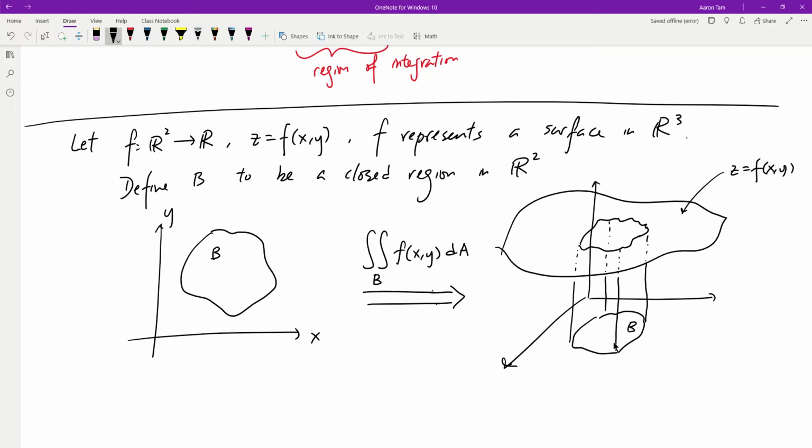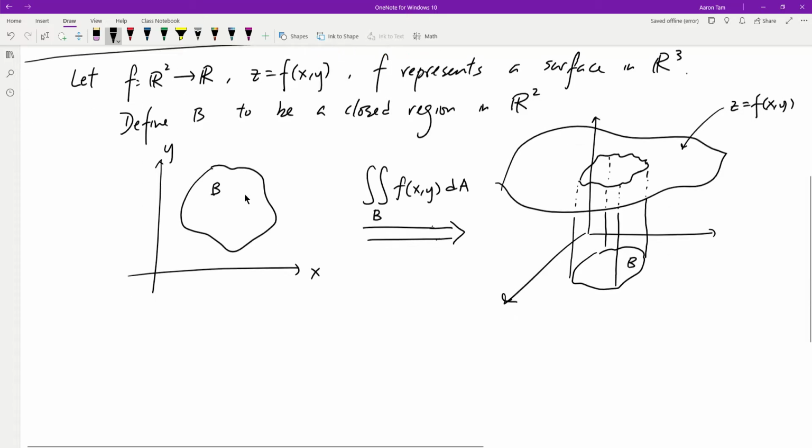Now we can form the volume using this integral. So the question is, how are we actually going to evaluate it?